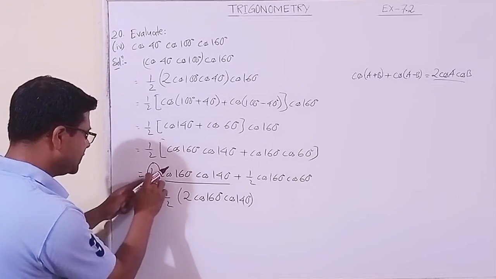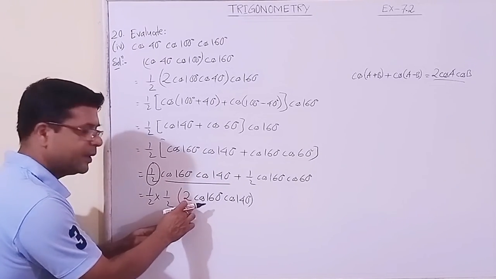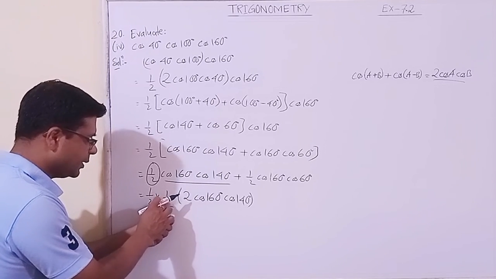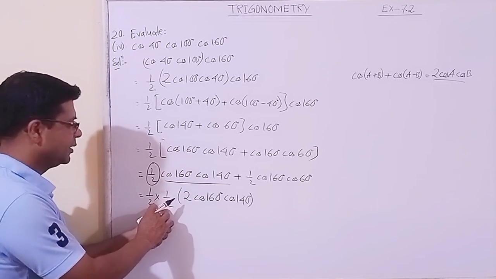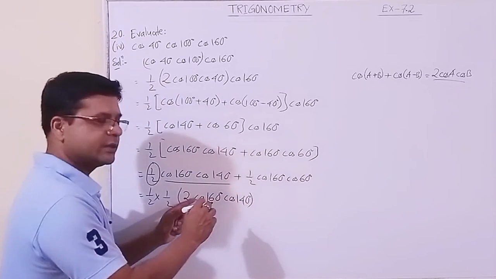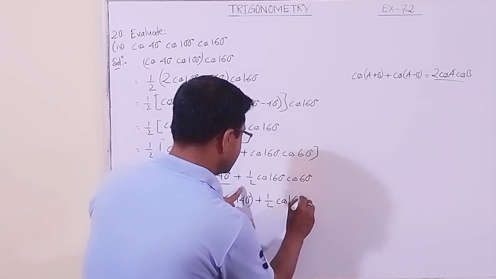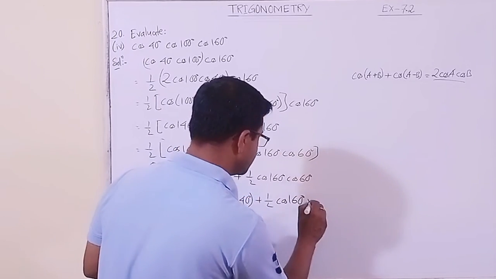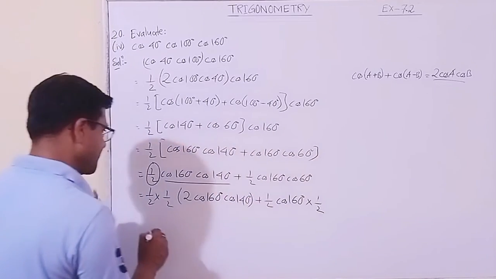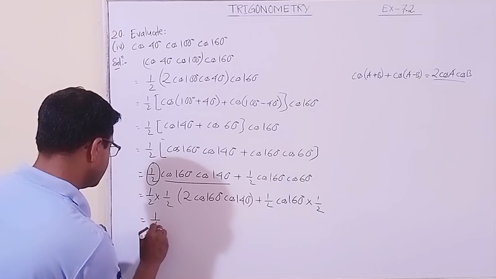Do not confuse this half with this one, as we are multiplying by 2, so we have divided by another 2 here. All right, now I think you understood this. Then half cos 160 degree. What is the value of cos 60 degree? Cos 60 is half. Okay, now we are very close.